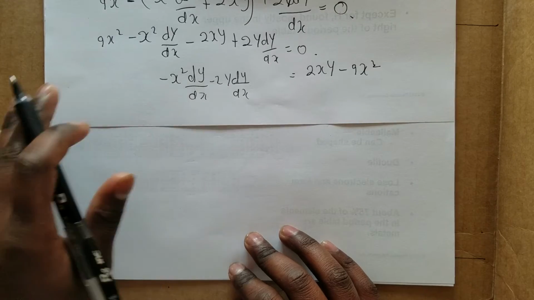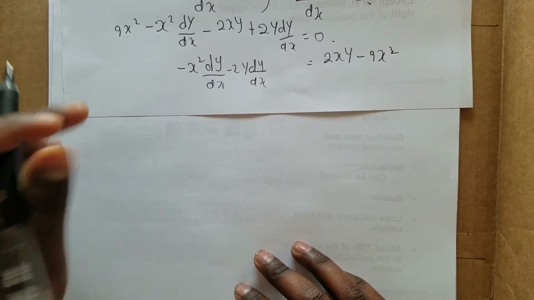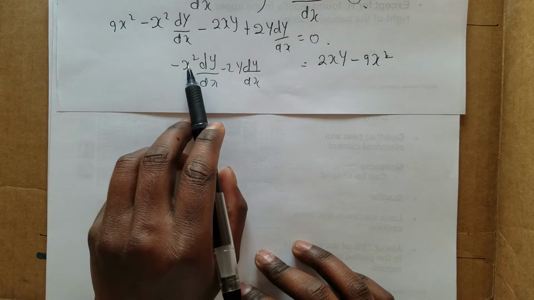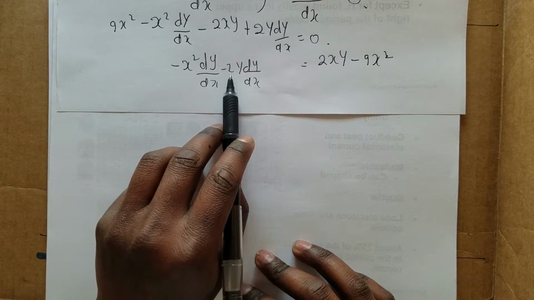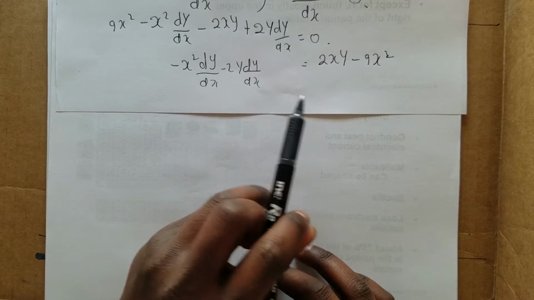What you do now is you have to factorize this: minus x squared dy/dx minus 2y dy/dx is equal to 2xy minus 9x squared.